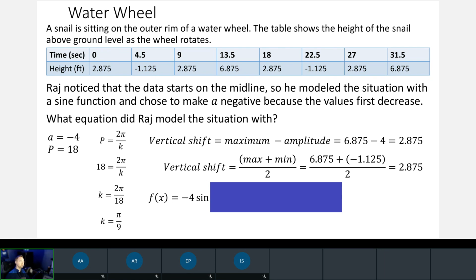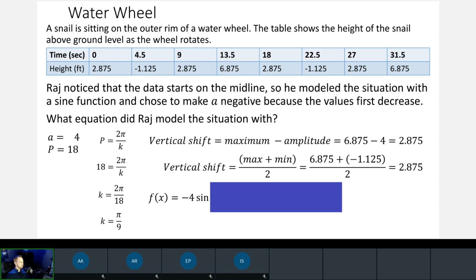Remember, amplitude is always positive. I actually shouldn't have written it like this on this page. I'm going to fix it. There we go.